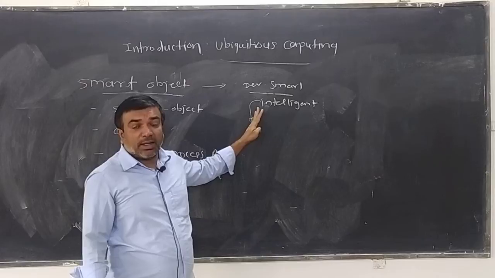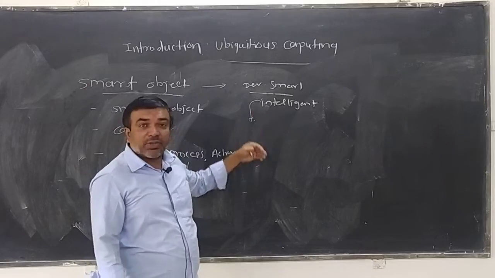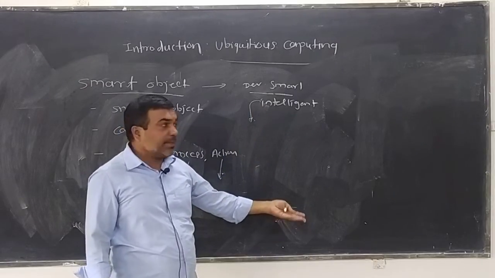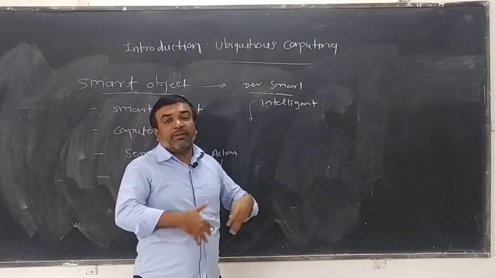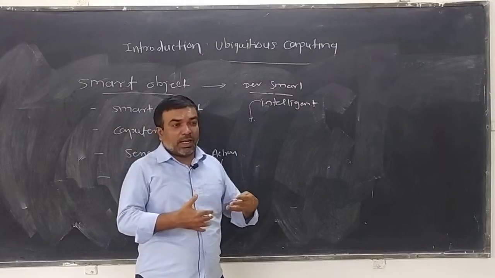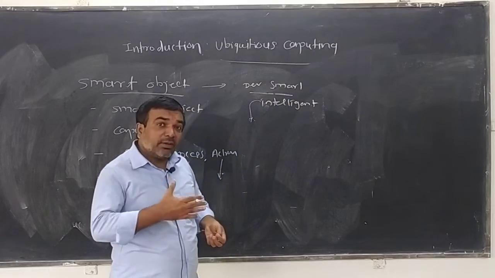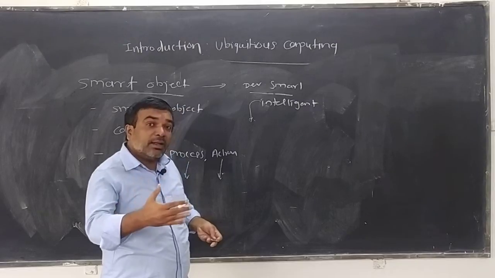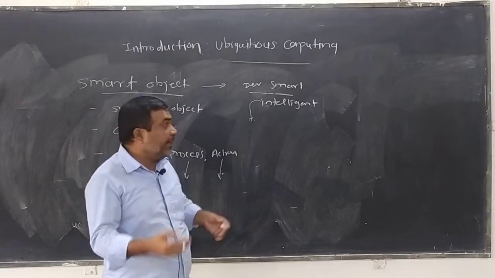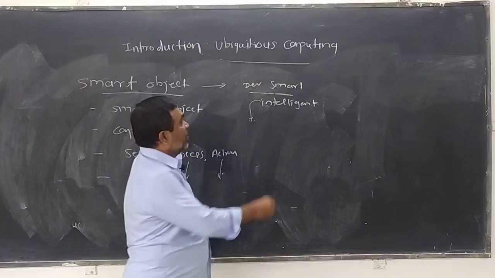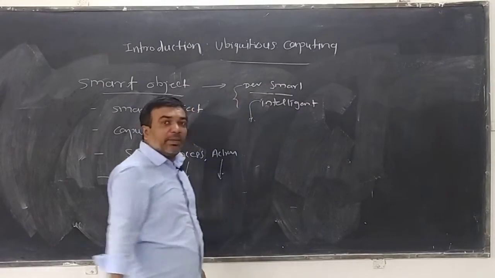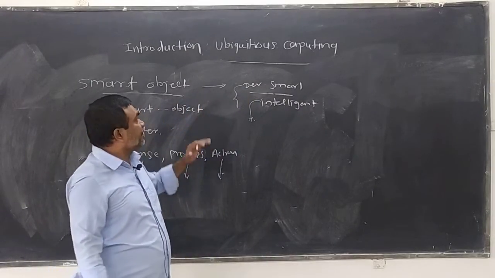Intelligently collecting and responsive. Based on the actuator, it will give the response. Based on the scenario, it will activate certain features, extend the read cycle, extend the write cycle if needed. So that is the intelligent one.